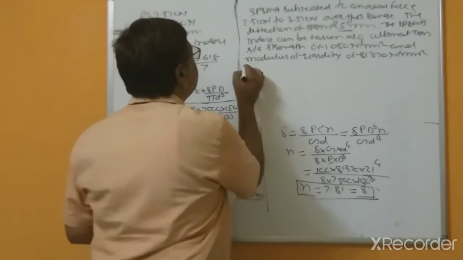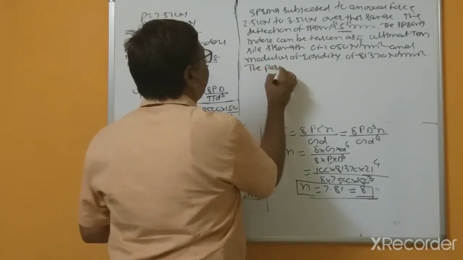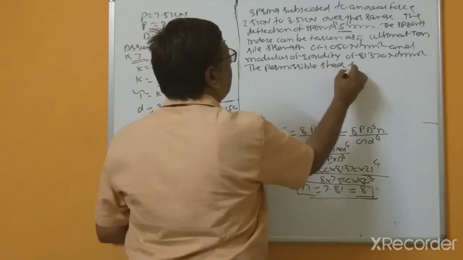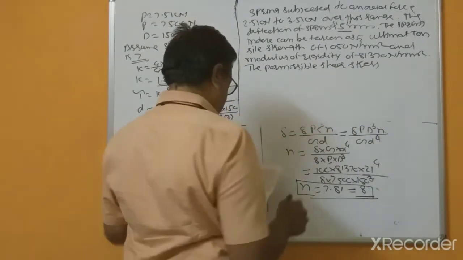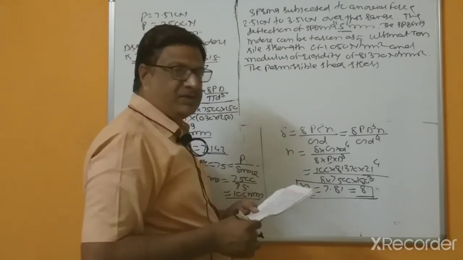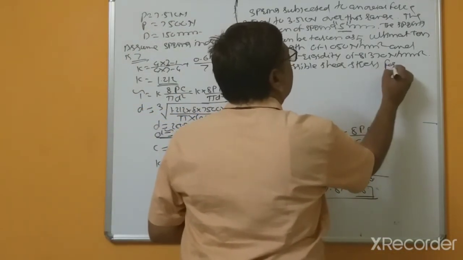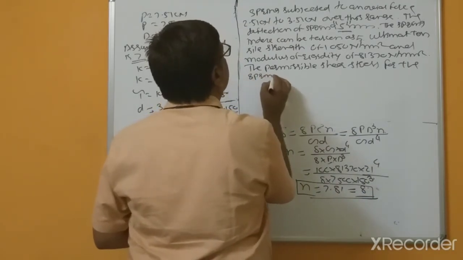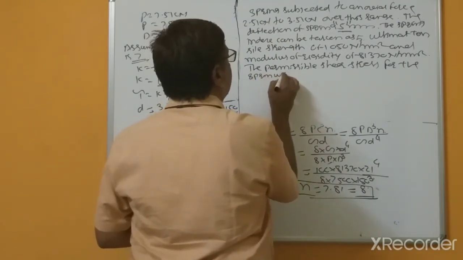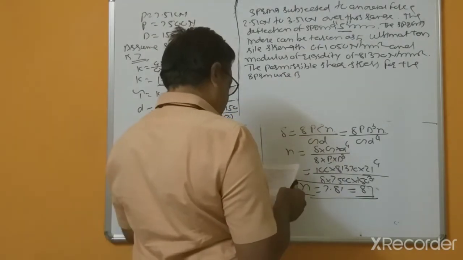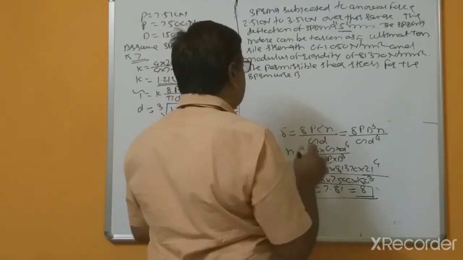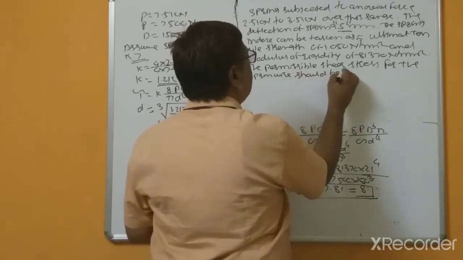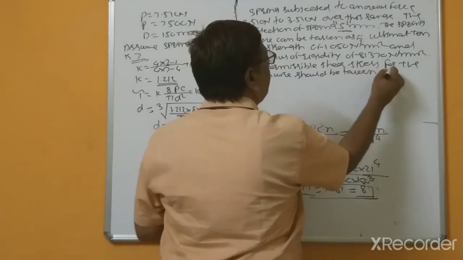The permissible shear stress for the spring wire should be taken as 50%.